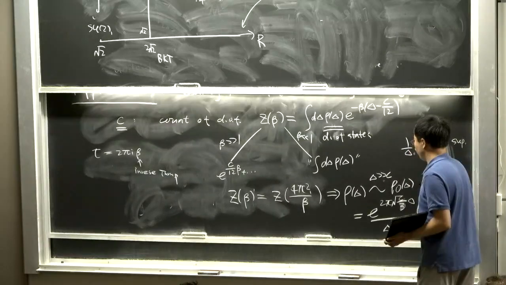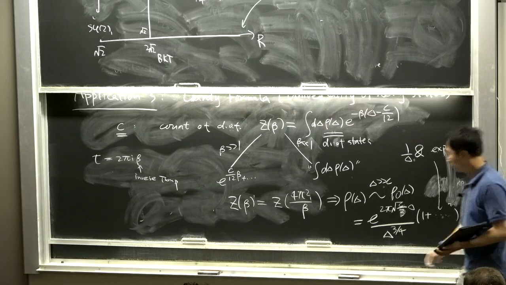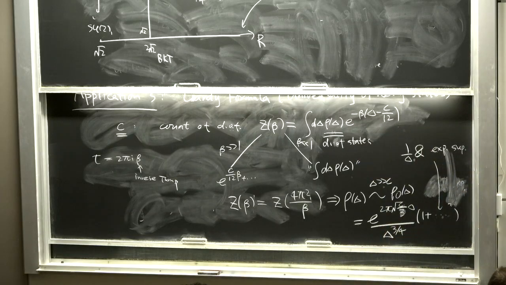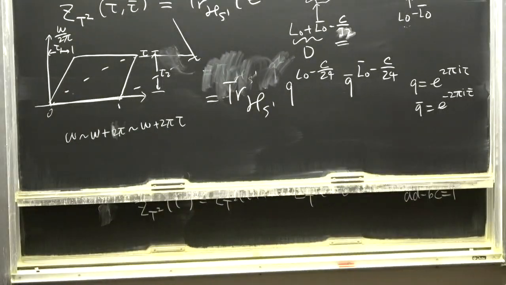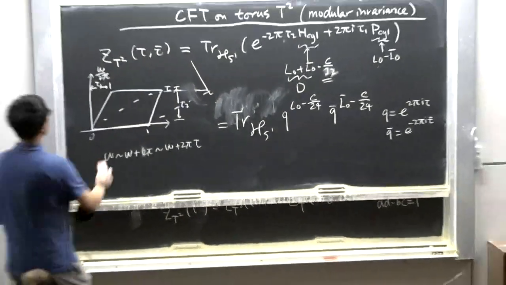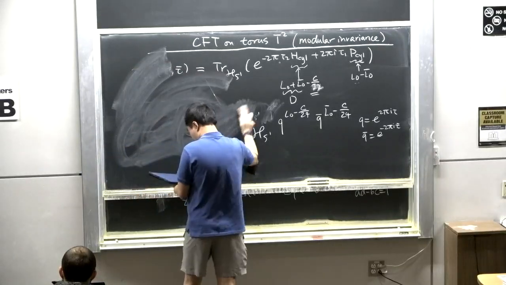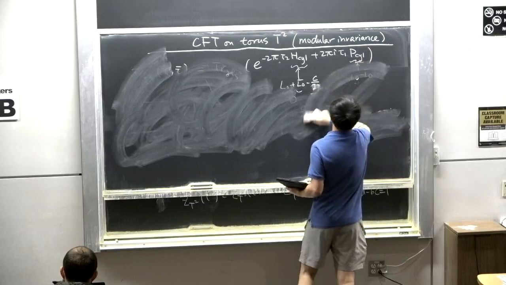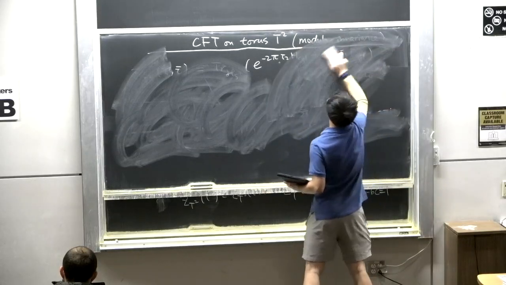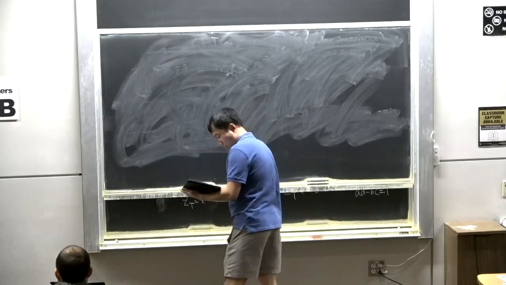There are various consequences of this formula. One immediate consequence is that if you look at the microcanonical entropy in the CFT, which you can think about as a thermal system when you put it on this torus, it says... okay, I don't have space here. So this is a remarkable formula.